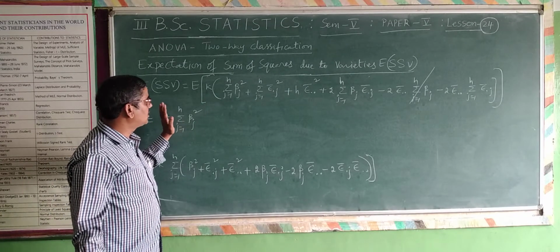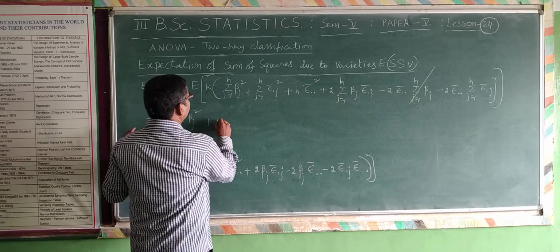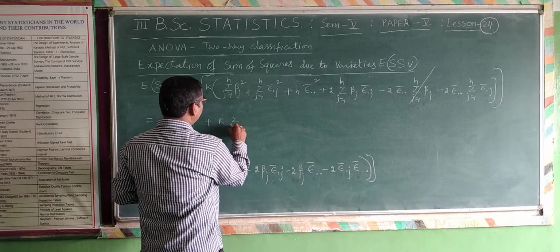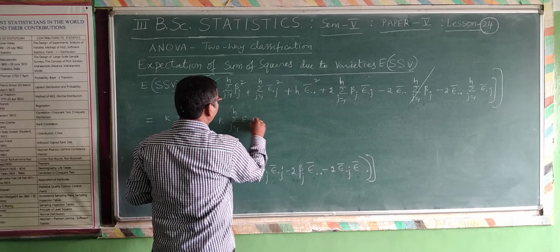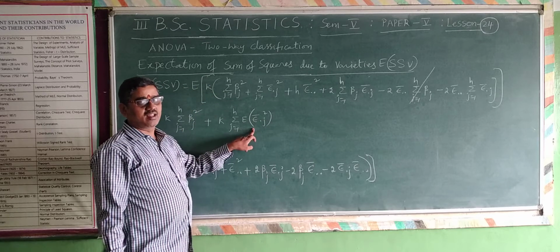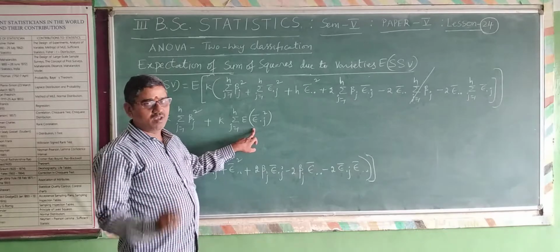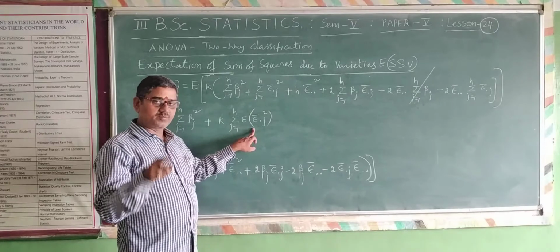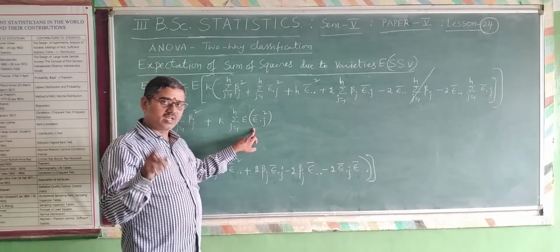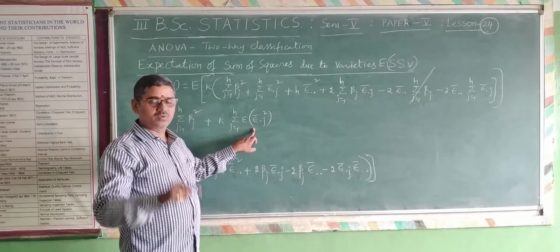Therefore k into summation beta j squared, plus k multiplied by summation j equals 1 to h expectation of epsilon bar dot j squared. What is this? It is the variance of epsilon bar dot j, since the expectation of epsilon bar dot j is 0.